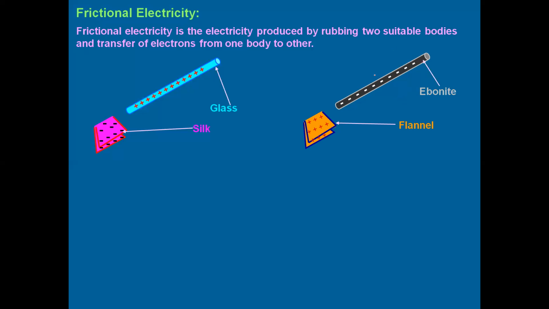So during the rubbing, loosely bound electrons from the fur will be transferred to the ebonite rod, and ebonite will receive as many electrons as have been lost by the fur. So the total negative charge gained by the ebonite rod will be equal to the number of electrons lost by the fur. This kind of production of electricity due to the transfer of electrons from one body to another is known as frictional electricity.